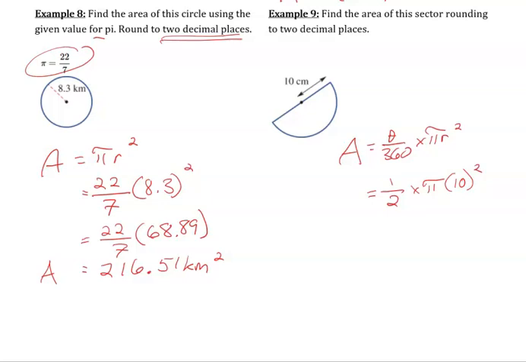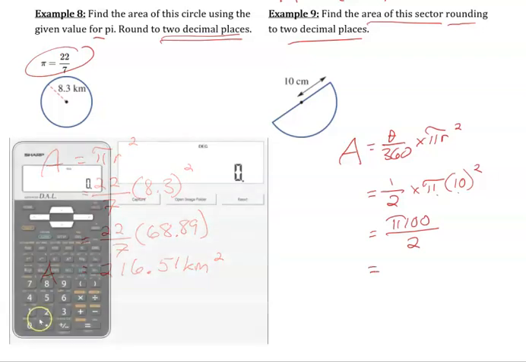So we're finding the area of the sector, and we're rounding to 2 decimal places. So I'm presuming then that we have pi times 100, because that's pi times 10 times 10, over 2. I could start canceling, but let's have a good time.